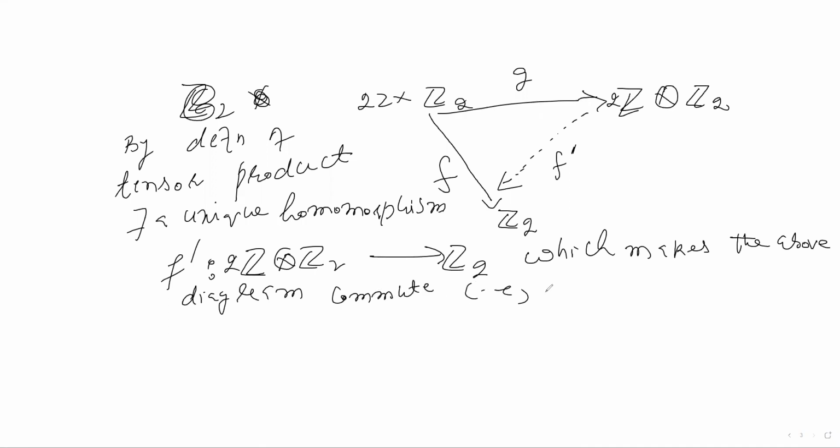That is, you have here f dash composition G is f.